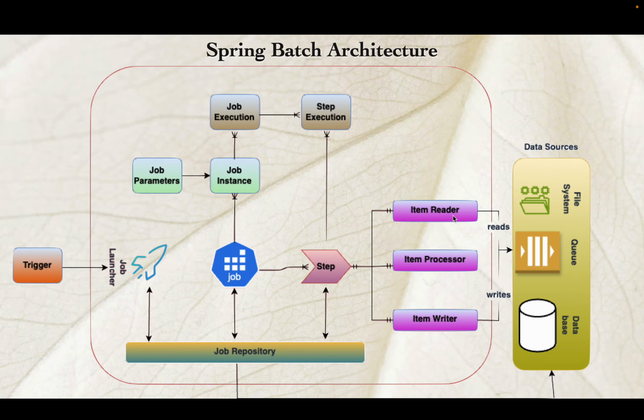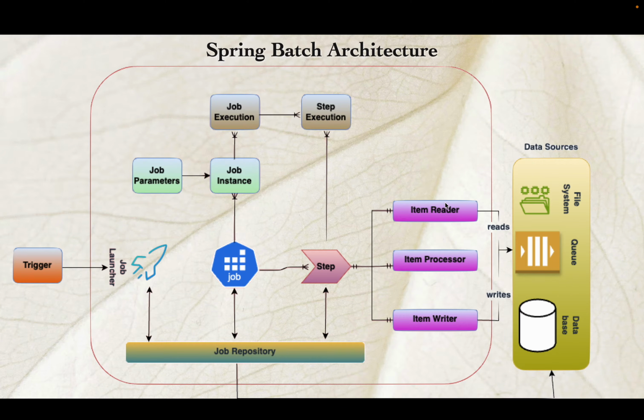So what is this item reader? In our code demo, we are going to process multiple records in an Excel file in the file system, and we are going to move them to the database.